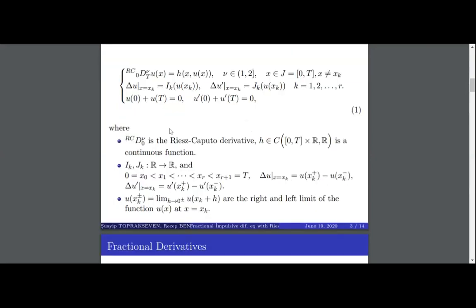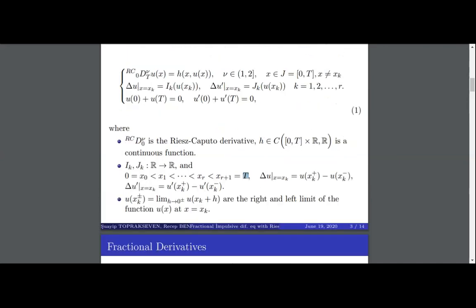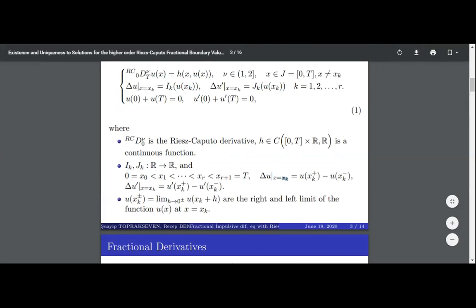First we discretize the space by a uniform mesh x0, x1, up to xr, and xr plus 1 equals the time step T, and we have an impulse in the equation. Just a jump at each point inside the interval 0 to T.